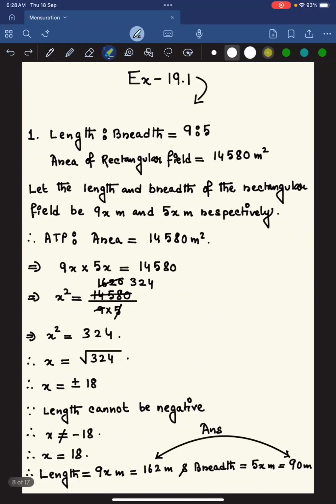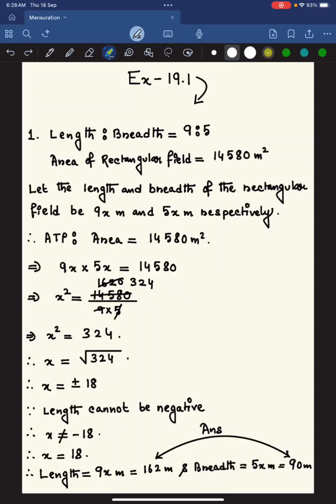Okay, so let's come to the exercise of M L Aggarwal. Exercise 19.1, question number 1. So what we are given is that the length and breadth of a rectangular field are in the ratio 9:5.